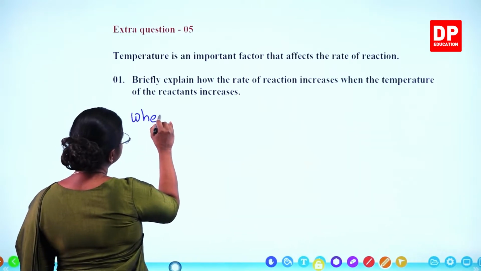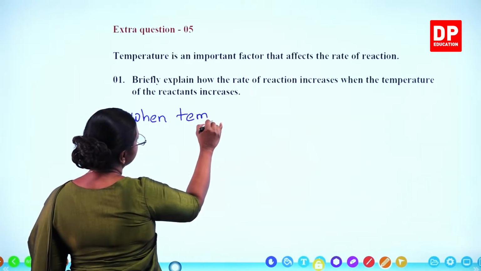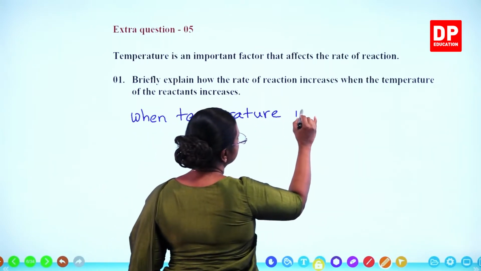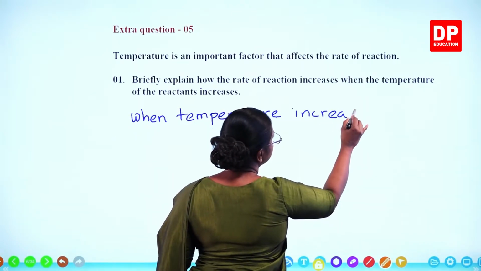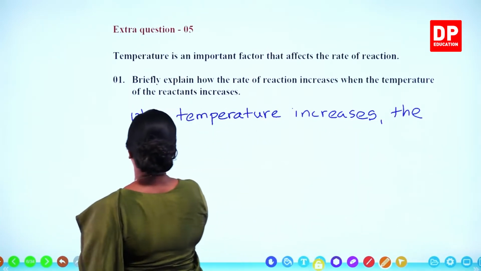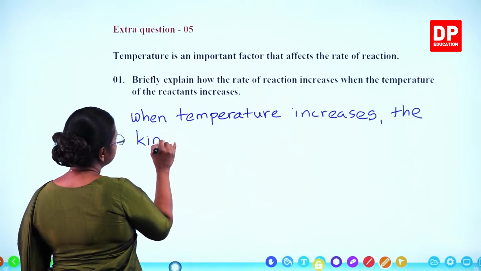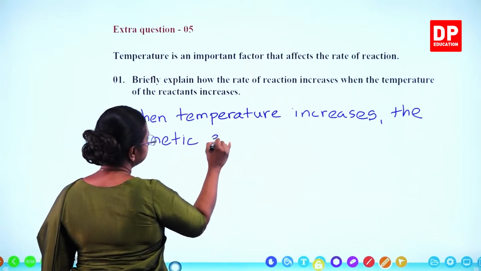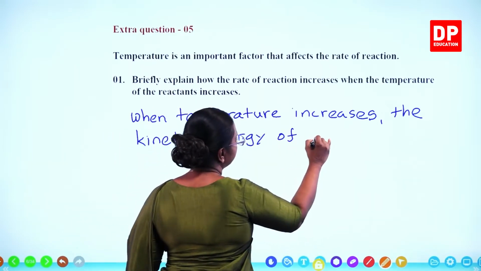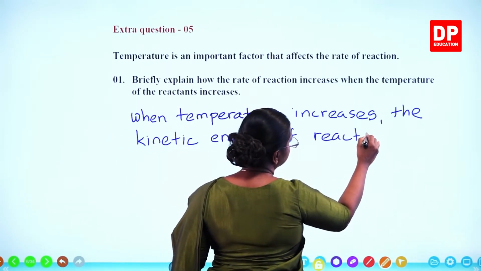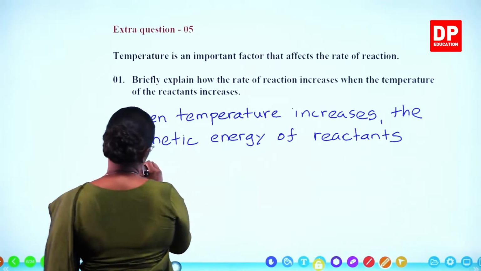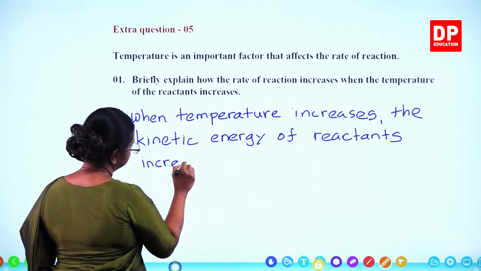When temperature increases, the kinetic energy of reactants increases.